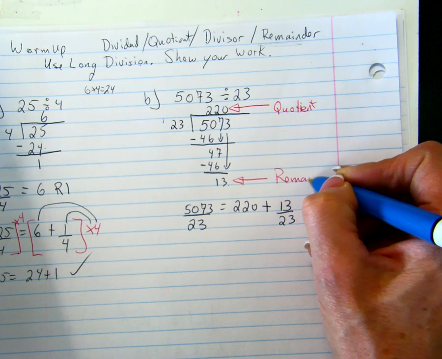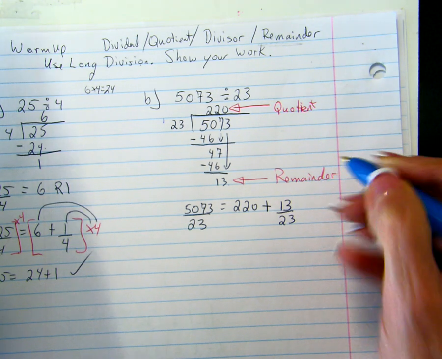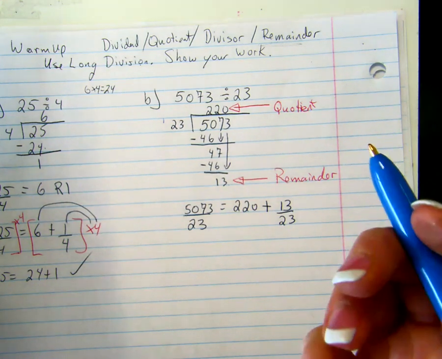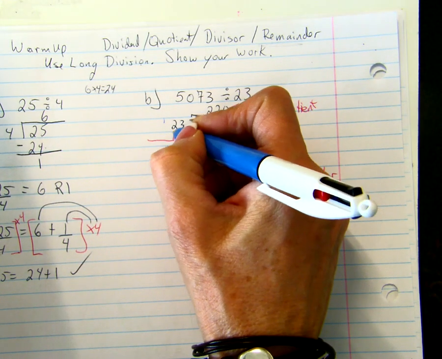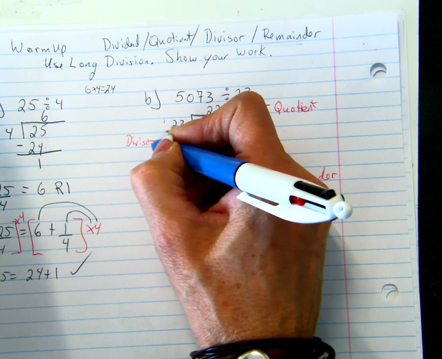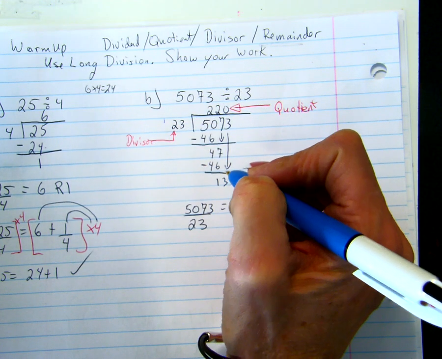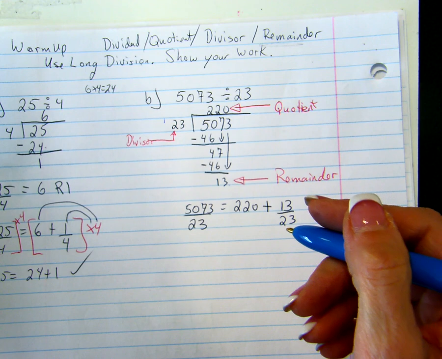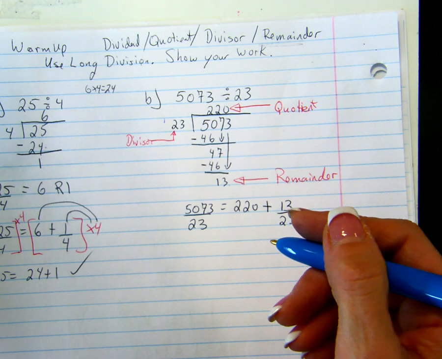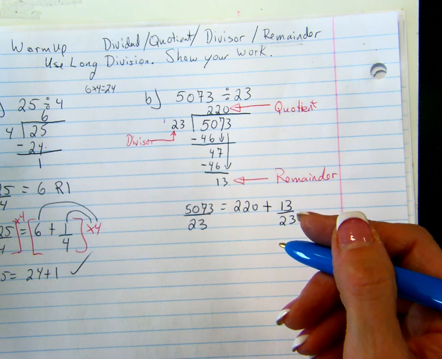Of course, the 13 here is the remainder. And this is called the divisor. And the thing underneath the division sign, is that called the dividend?